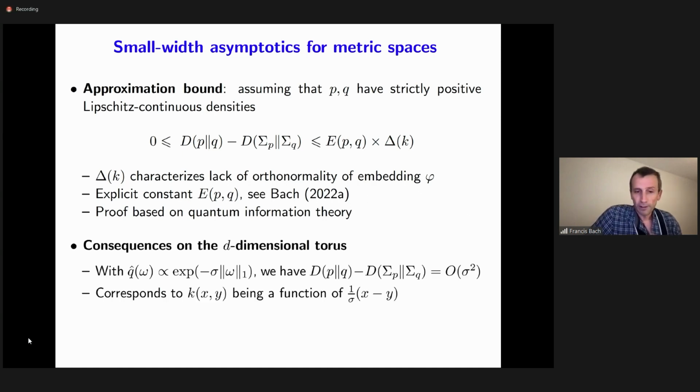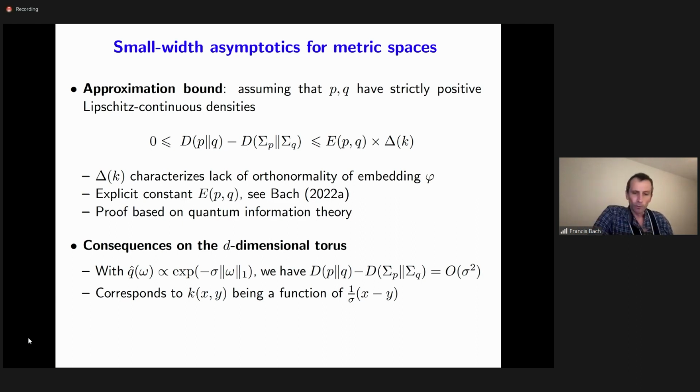So for my examples on the torus in dimension D, what do you get? You can compute the various quantities for essentially a kernel with a length scale sigma. Then you can show that the difference will go to 0 as sigma goes to 0.